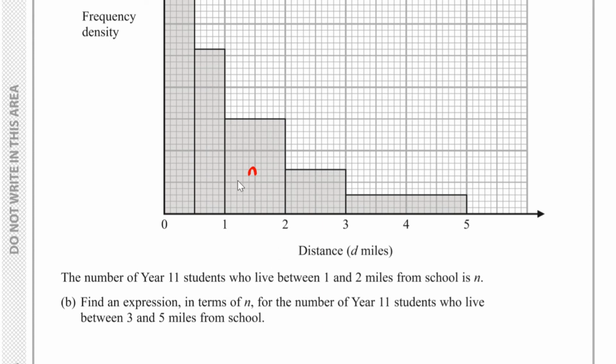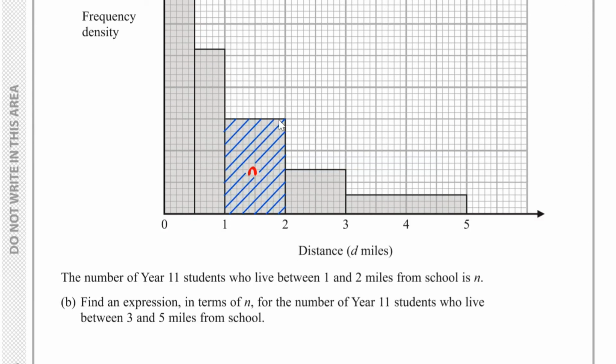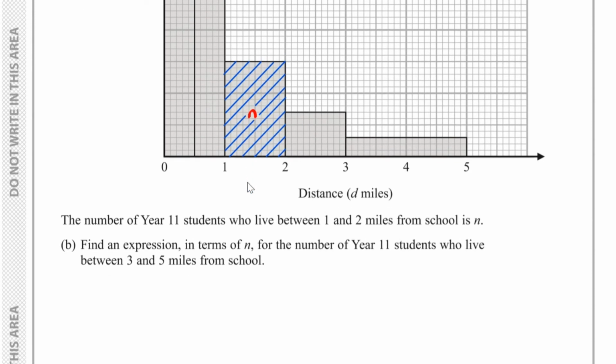So how do we get this n? Well, the area of this rectangle would give n. So the area of this rectangle is n. So if the area is n and the class width is 1, that means that if here I've got 1, the height over here will be n then.